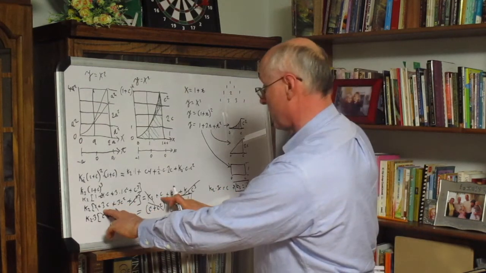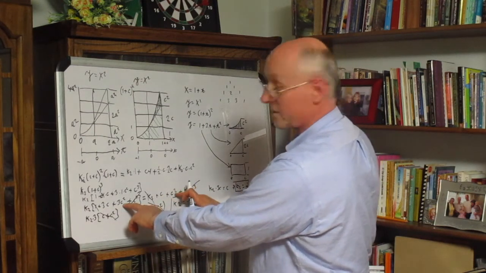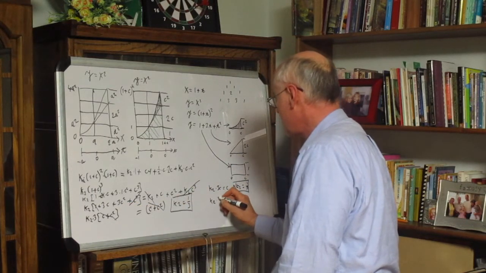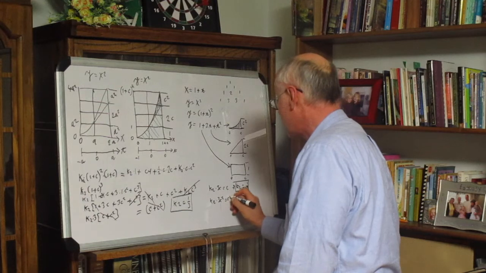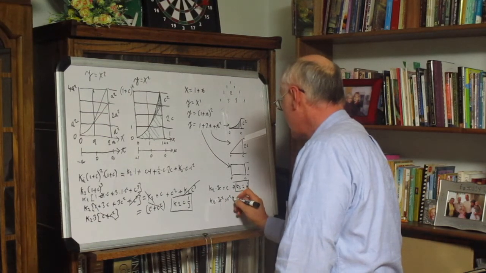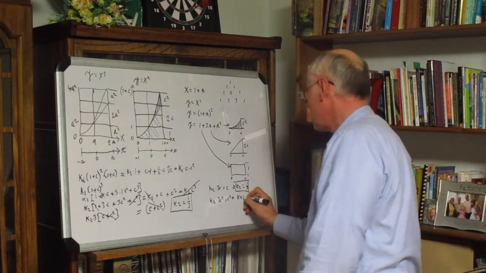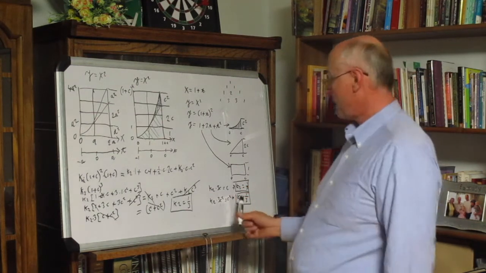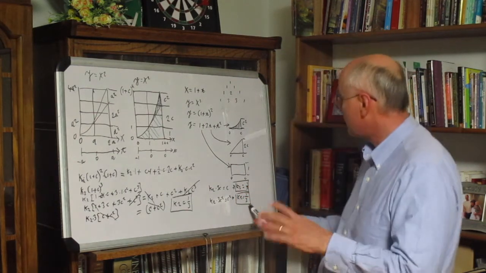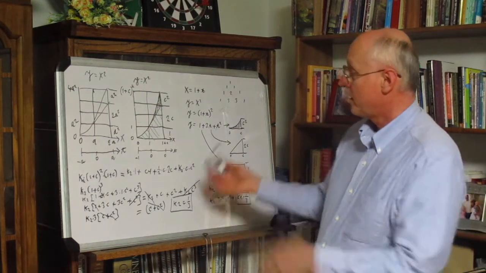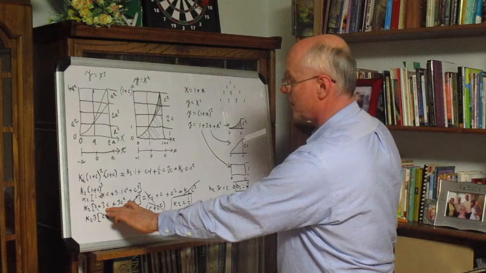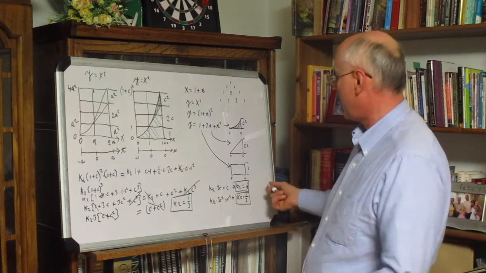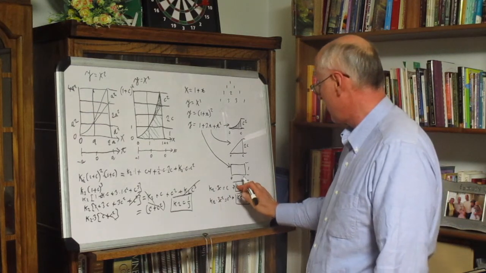That's from these two. But what about this? Now you collect your C squareds. It's redundant information, but you get K2 times 3C squared equals C squared. And that gives you K2 equals 1/3. Again, this is redundant, but at least it agrees. It didn't say K2 is 1/4. They better agree. The C's must match with the C's, and they balance out and give you the right number. K2 is 1/3.